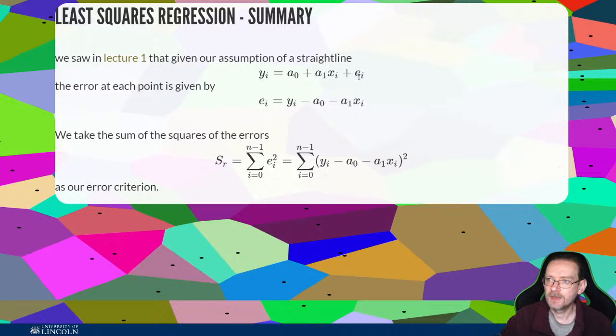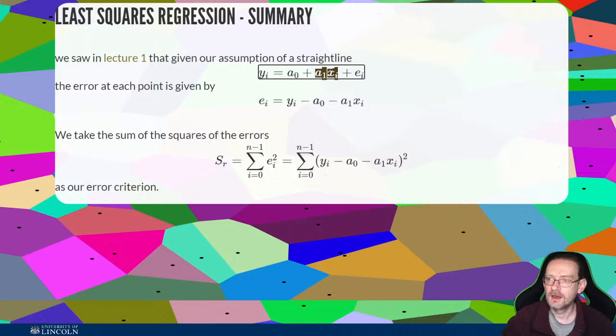And in the lecture on lecture 1, we assumed that it should fit to a model of an intercept. In other contexts, it's sometimes called a bias, some sort of thing that just shifts the average level of the data, and then a straight line.